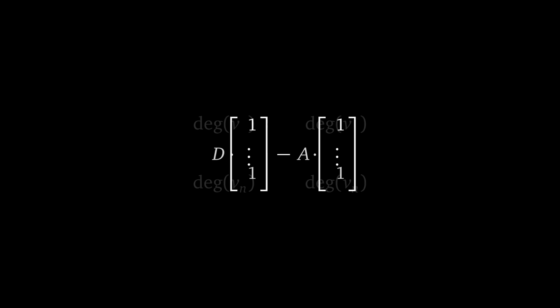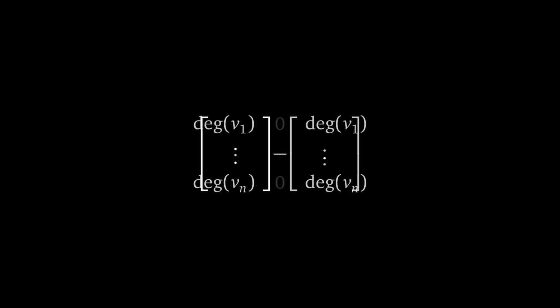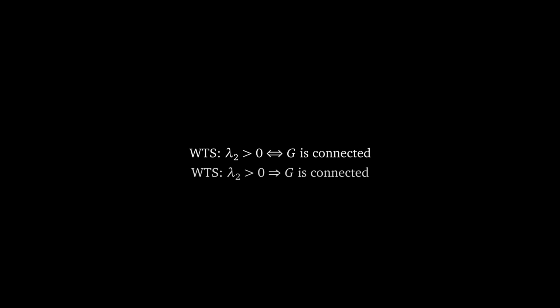And we know that the Laplacian times any constant vector gives you the 0 vector, because we noticed earlier that if you sum up the rows or columns, you get back 0. Returning to the lemma we were trying to prove, we've actually proven the contrapositive of the forward case. Now we just have to prove the backwards case.